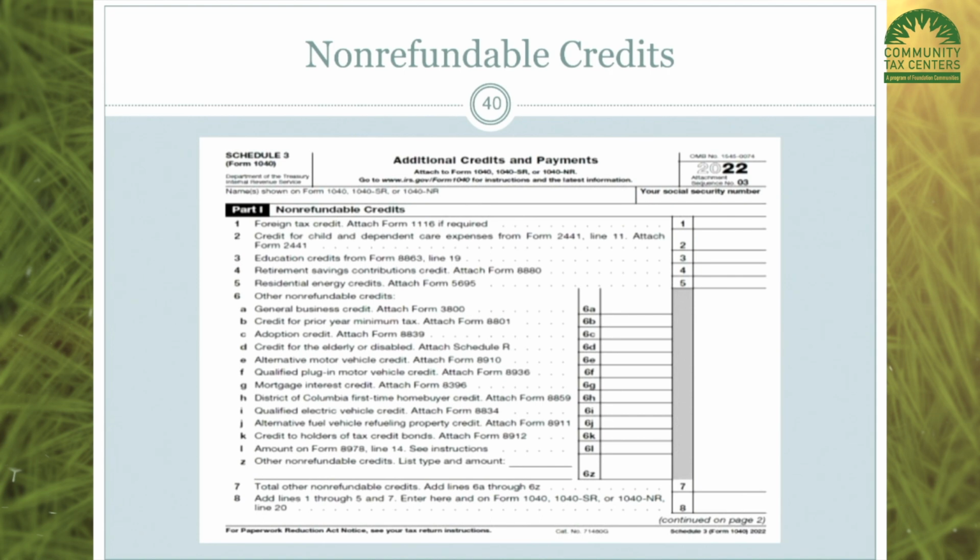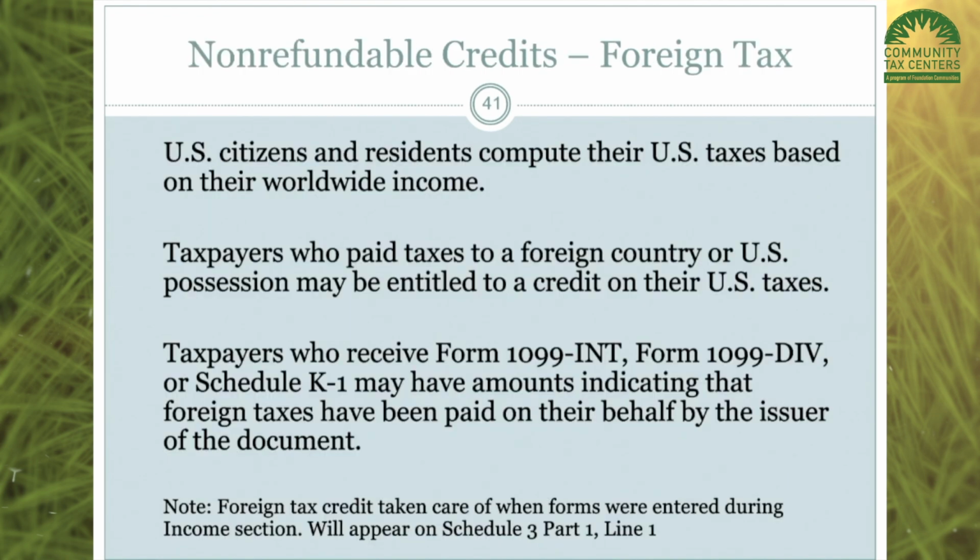This is also on our Schedule 3, Part 1, non-refundable credits. We're going to take all of those non-refundable credits and it goes again to the Form 1040 from this schedule. So the first one is our foreign tax.